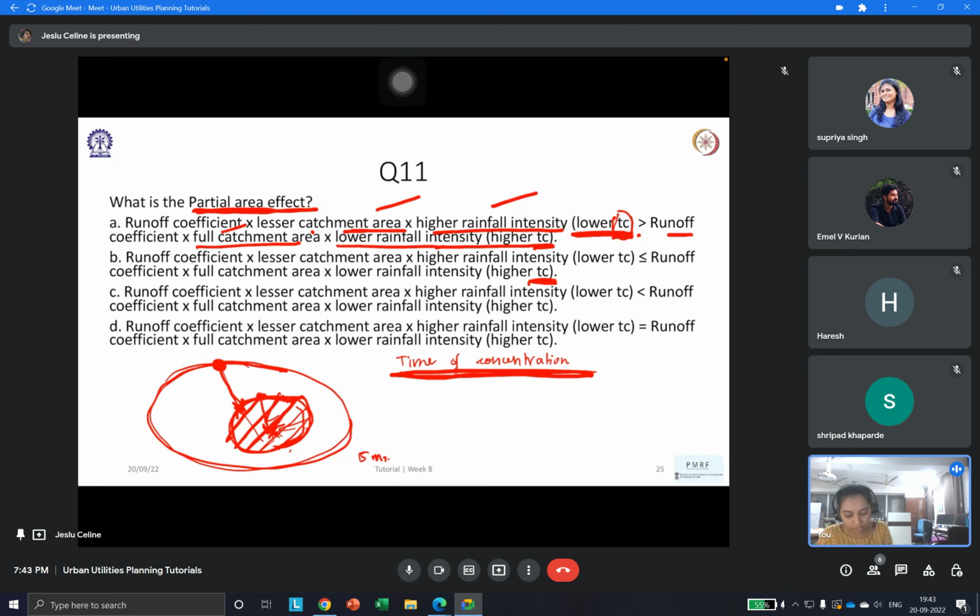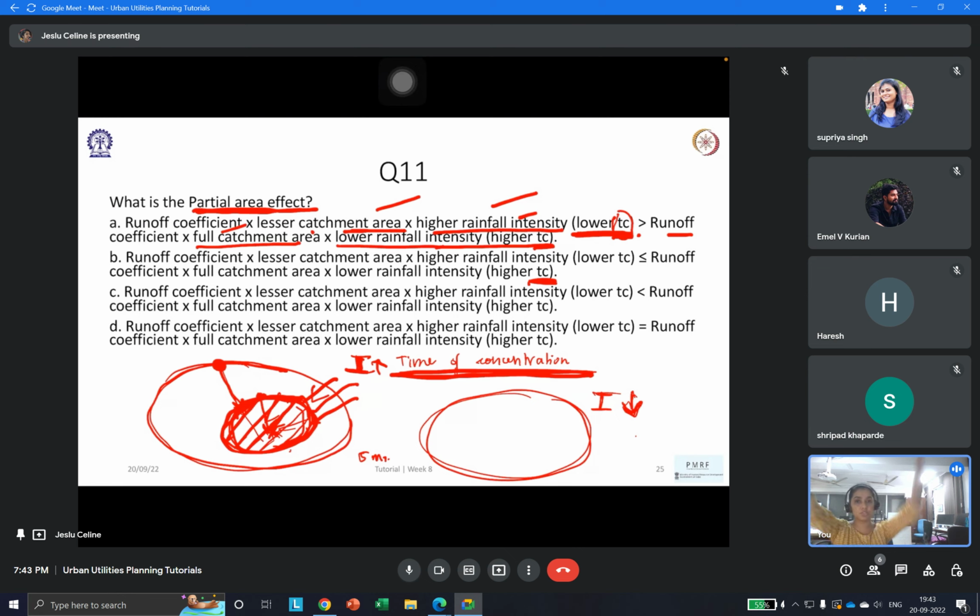Again, repeating, the question is, if I consider this region with high intensity of rainfall, so intensity of rainfall is given. One is that I'm considering a smaller region, but the intensity is extremely high. Second is I'm considering a larger region, but the intensity of rainfall is low. In which case will the overall surface runoff be higher?